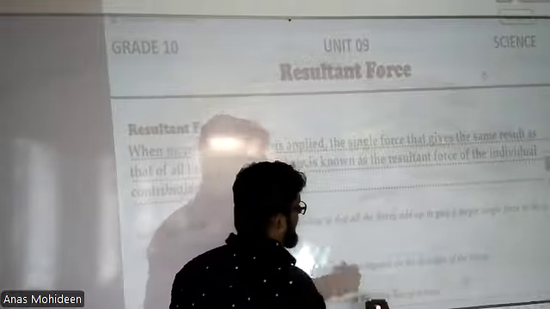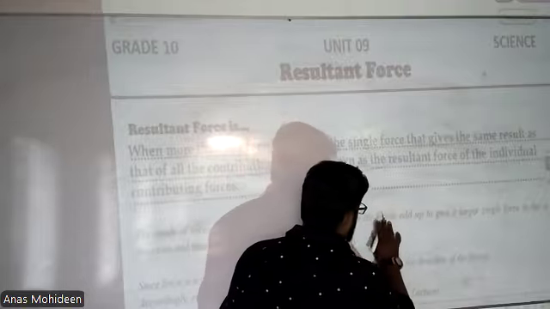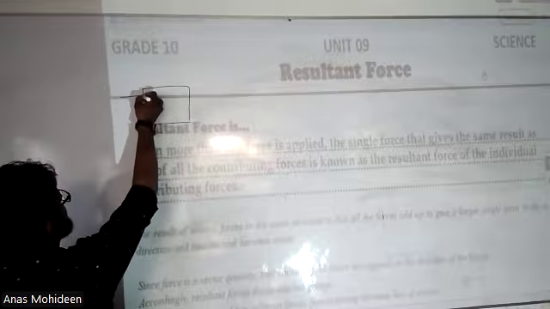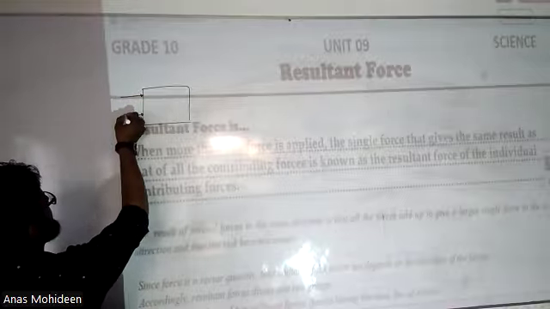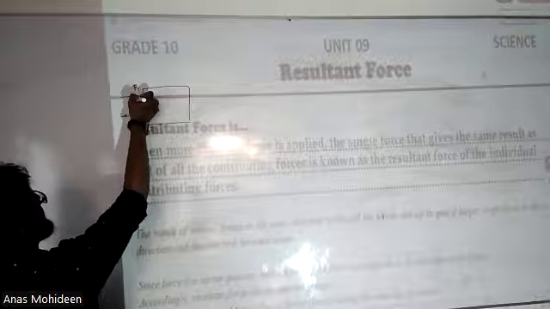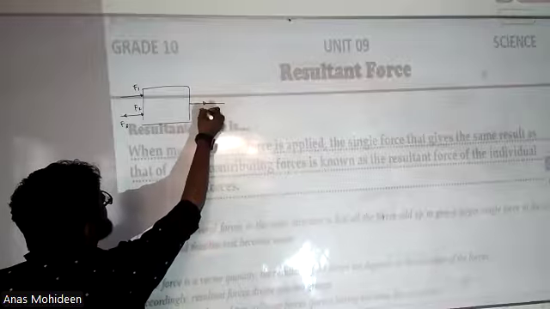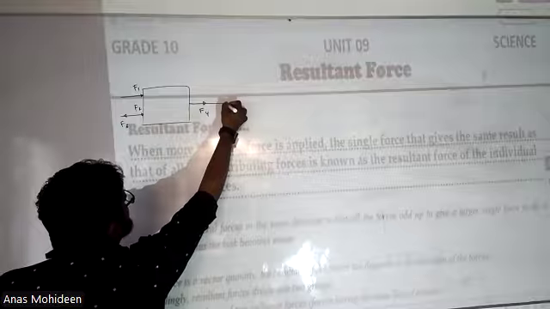Example, let me take an object like this. On this object, I'm going to apply forces. I'll mark them as F1, F2, F3, F4, F5.